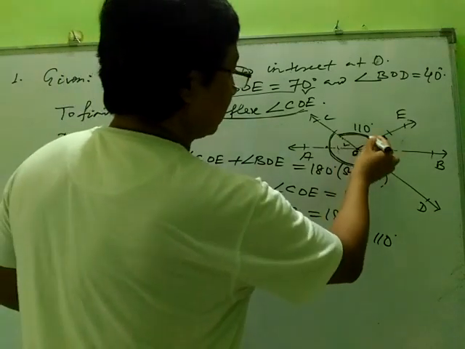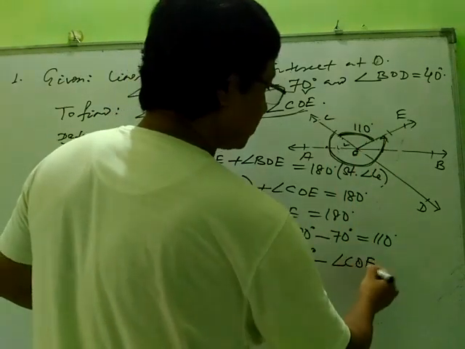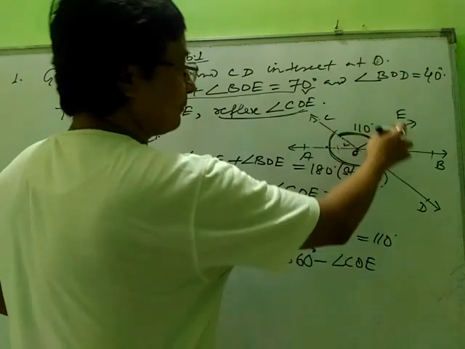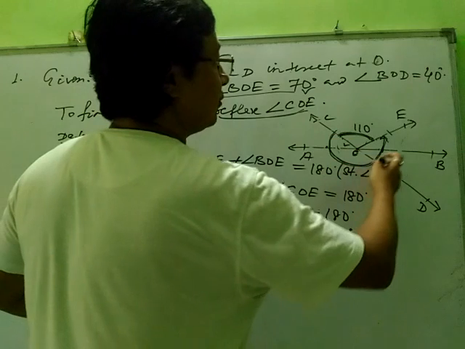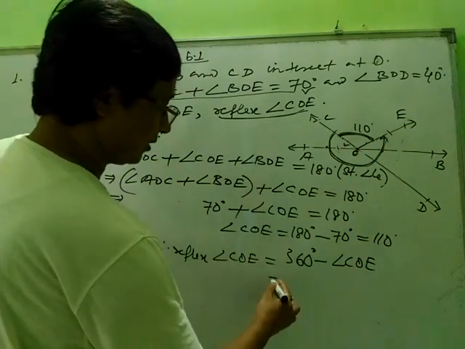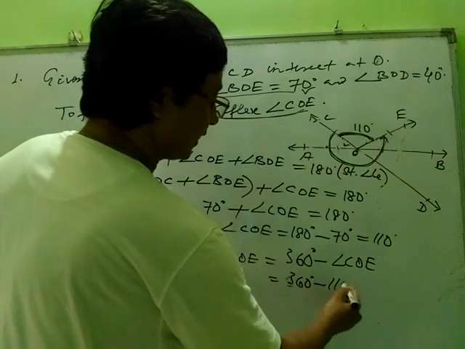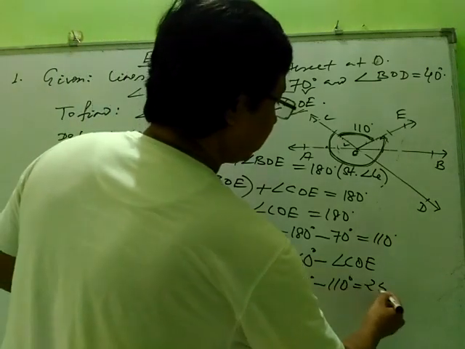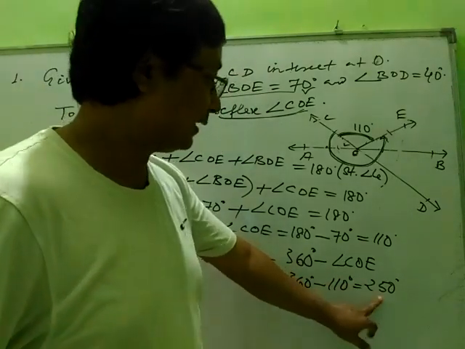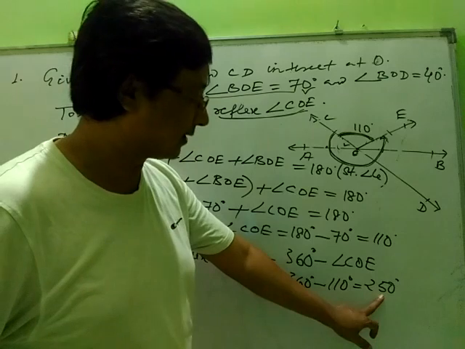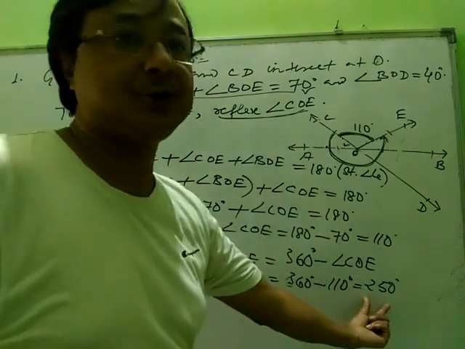So from the whole total sum, 360 minus this angle COE, you will get the reflex angle COE, which equals 360 minus 110, so you have got 250 degrees. The measure lies between 180 and 360 degrees. So this is the measure of reflex angle COE, 250 degrees.